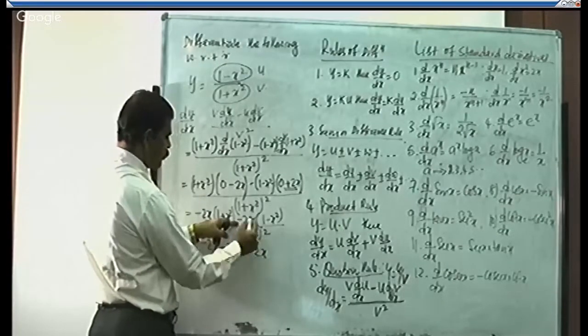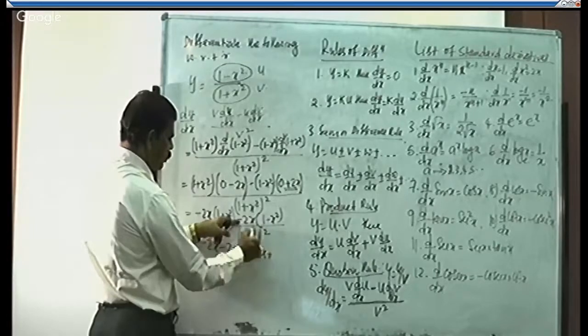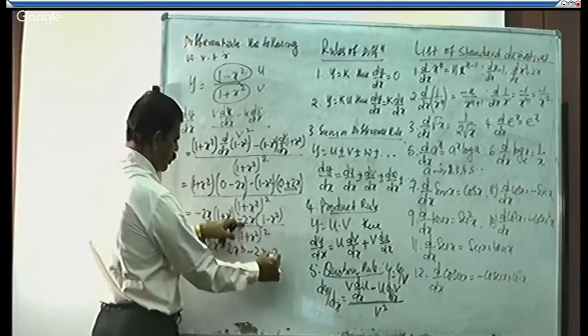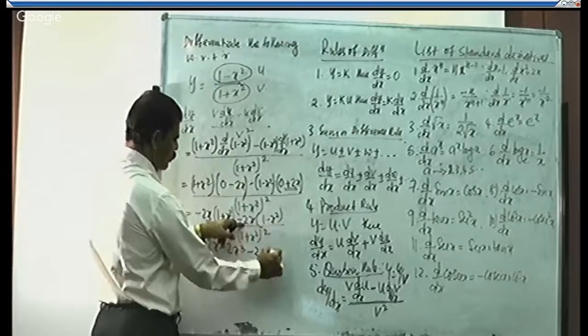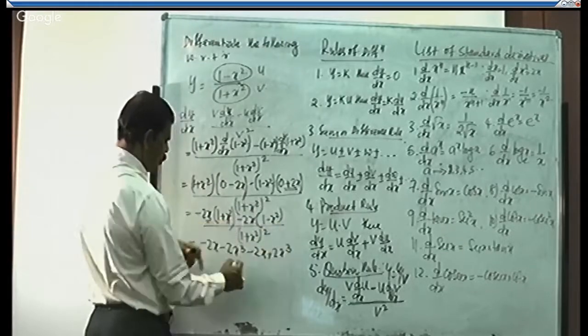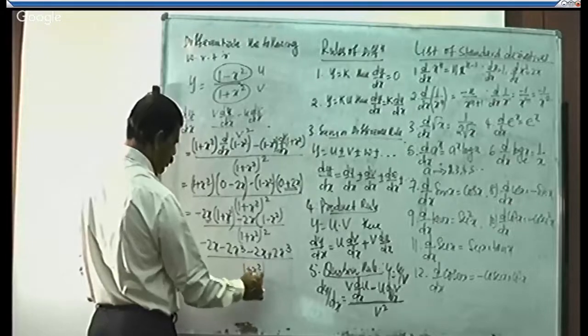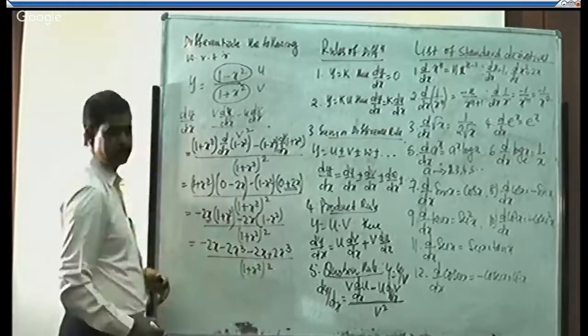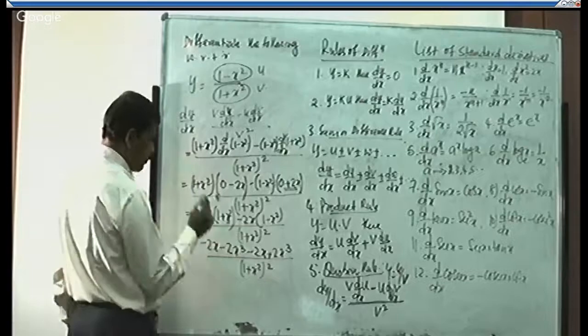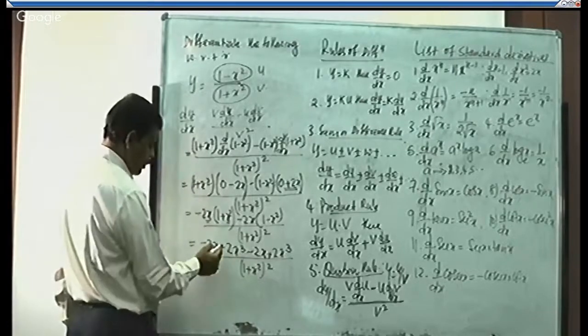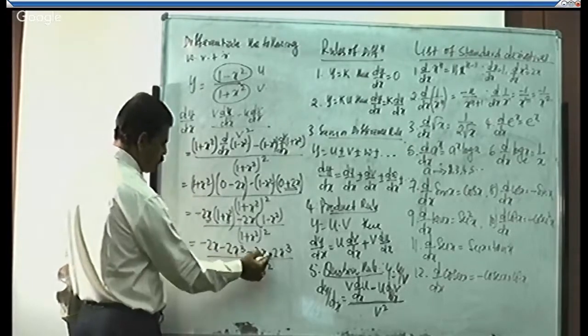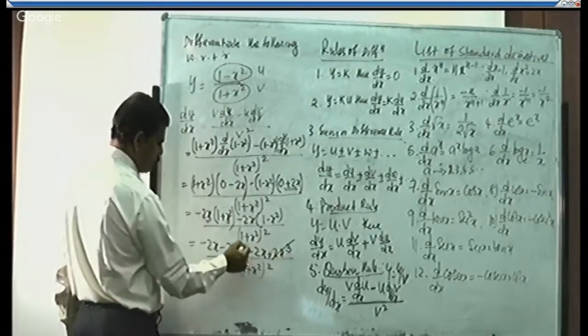Correct? Minus into minus is plus 2x into x square. Keep 2 as it is. x into x square is x cube. Whole divided by 1 plus x square whole square. See, if I have any common terms, minus 2x cube plus 2x cube, they get cancelled.